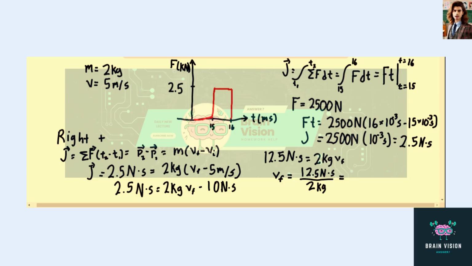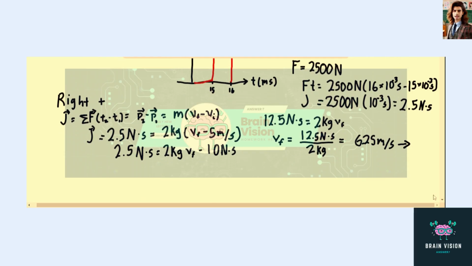And if the stone were struck from the right, it would have a final velocity of 6.25 meters per second. And since that value is positive, that means the stone's final velocity will be towards the right.